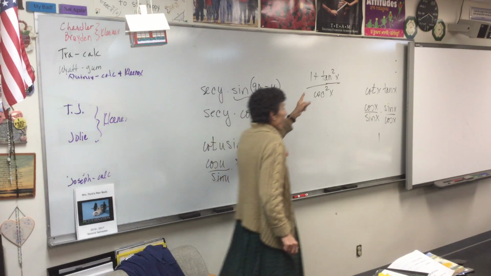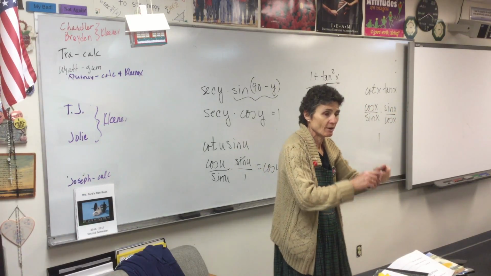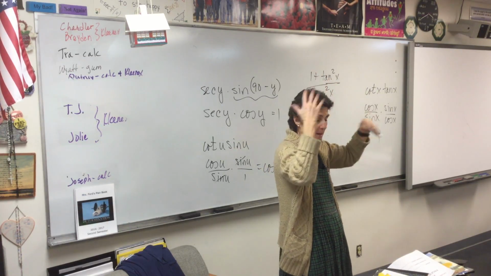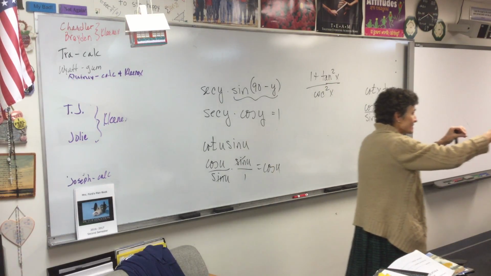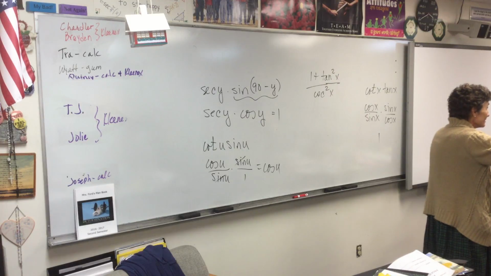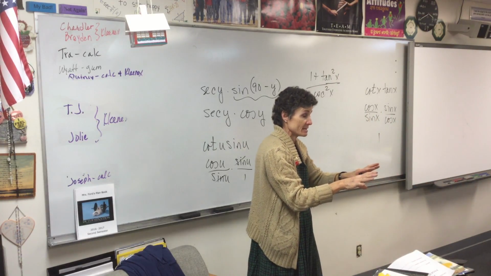Exactly. So when I look at this, I see 1 plus tangent squared, and little bells go off in my brain. Ding, ding, ding. Because what's 1 plus tangent squared? Secant squared. I know that because I memorized my identities, right?